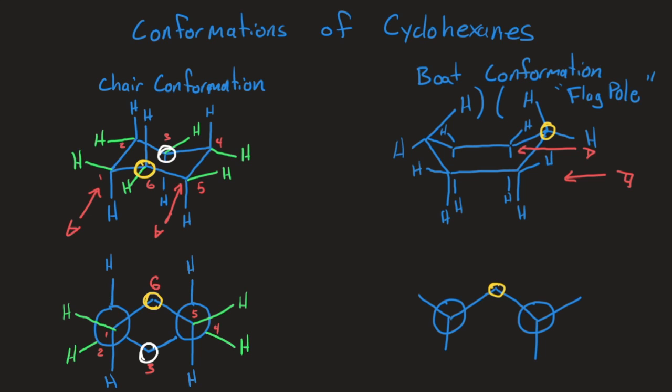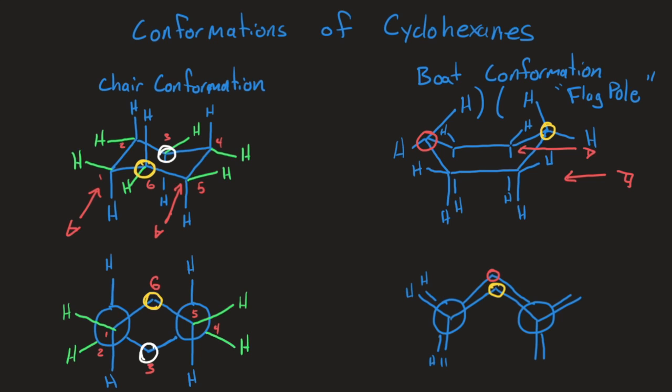And notice the one in the back is also up. And so I'm going to draw this up like that. This carbon is the same as that red one. And that means that we've got some hydrogens going there and there.